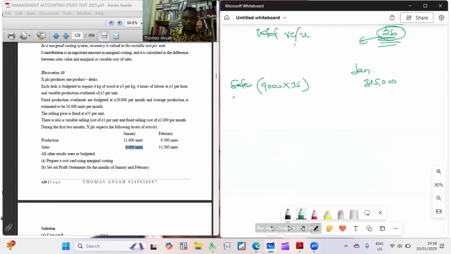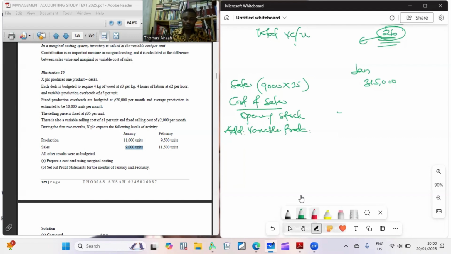So our cost of sales, we have opening stock. For January, there is no opening stock. Then we add production, variable production cost. If you do variable production, we have direct material, and the production here is 11,000.